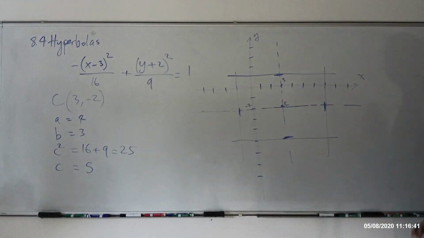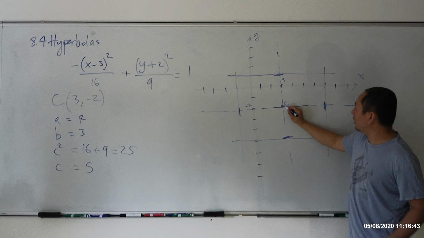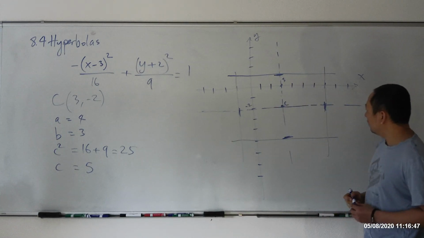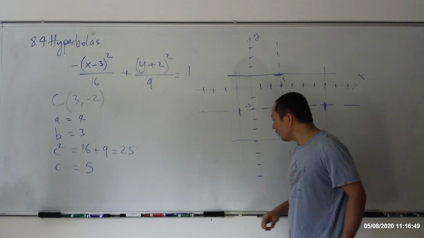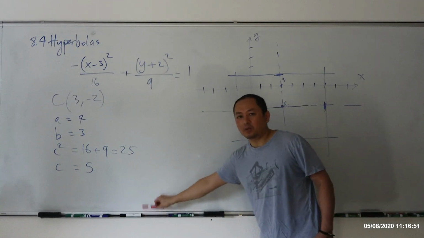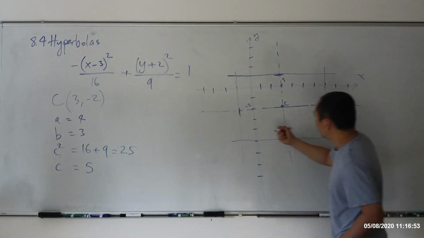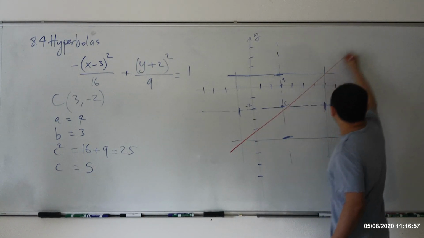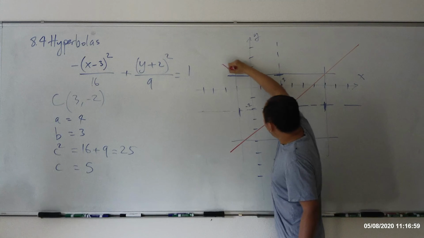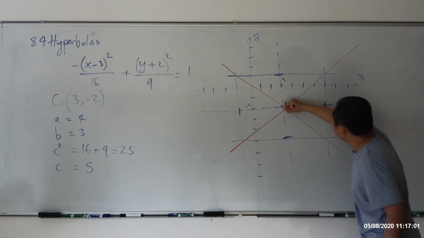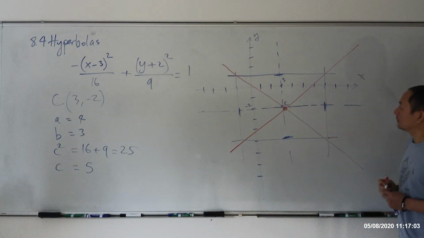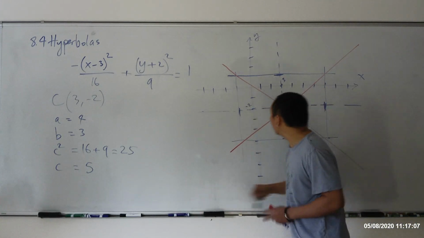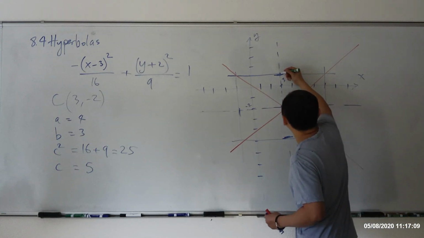Center at (3, -2), up and down 3 units, left and right 4 units. We have the center, we have a rectangle. Of course, we're going to draw the two diagonals, and as you already know, the two diagonals will be the two asymptotes. And you know the graph will be up and down, so our hyperbola will look this way.